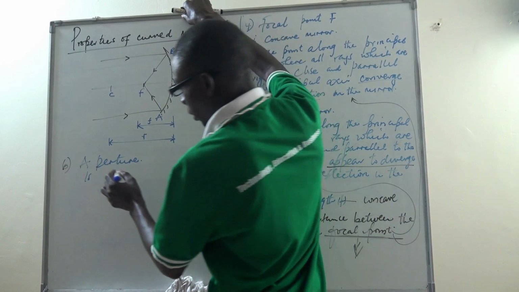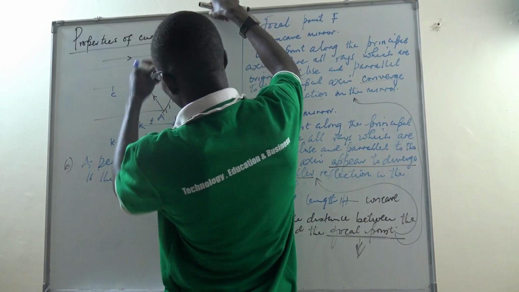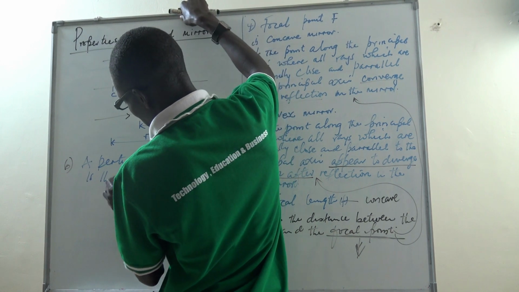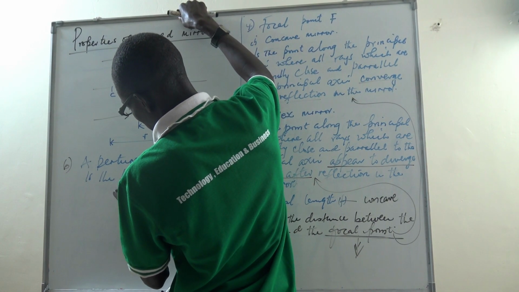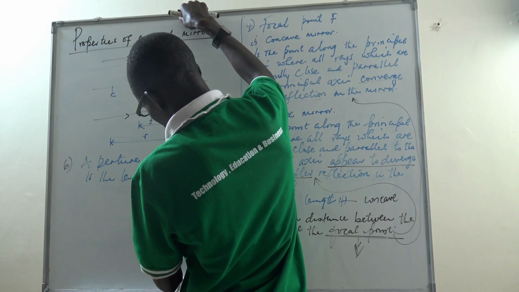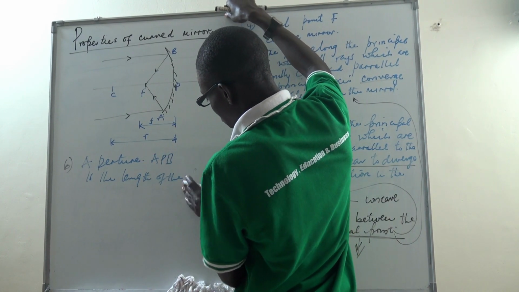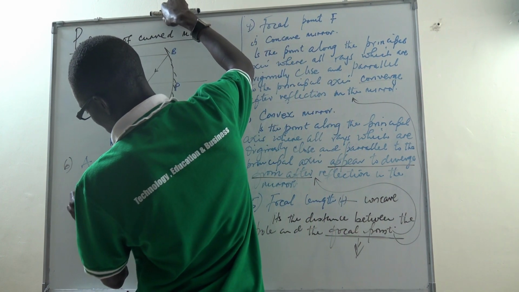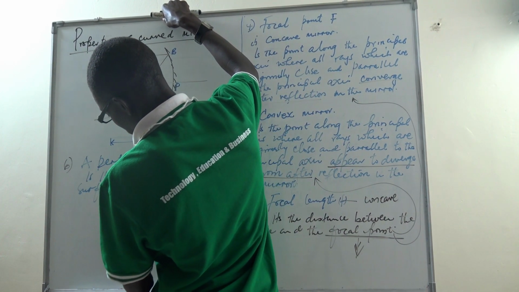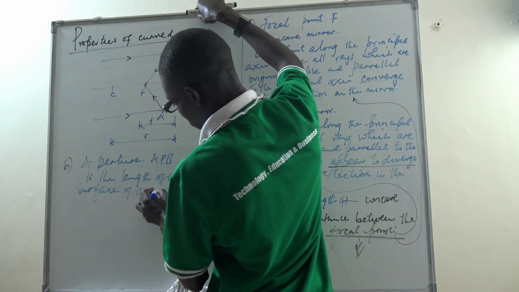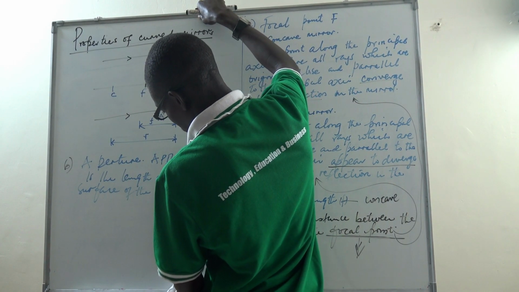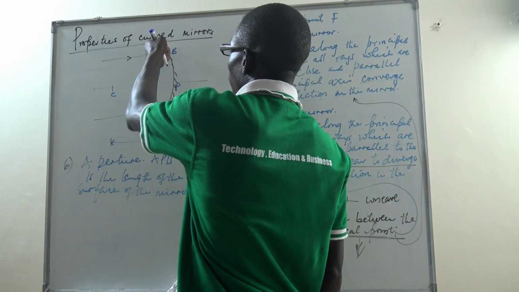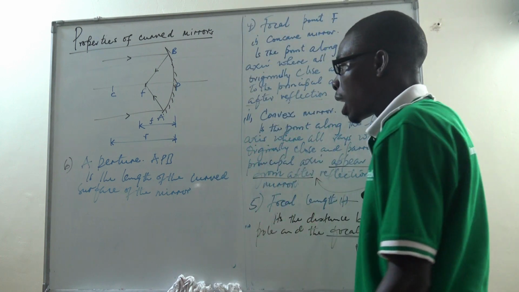Aperture is represented here by APB. So it is the length of the curved surface of the mirror. Is that okay? So that one would be our aperture. This length here from here up to that point is what we're calling the aperture.